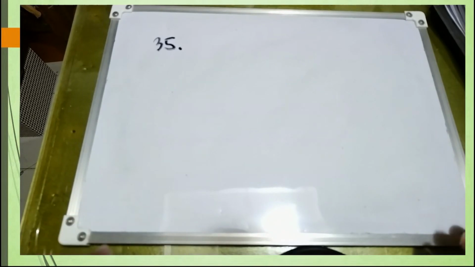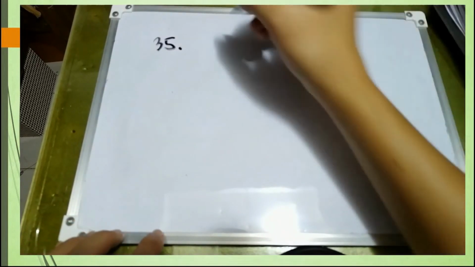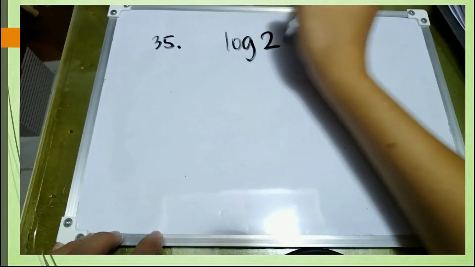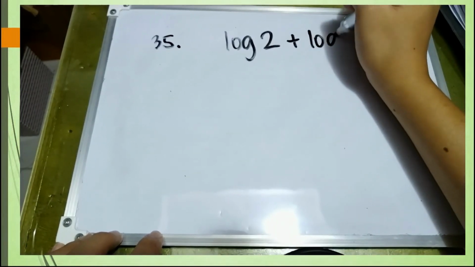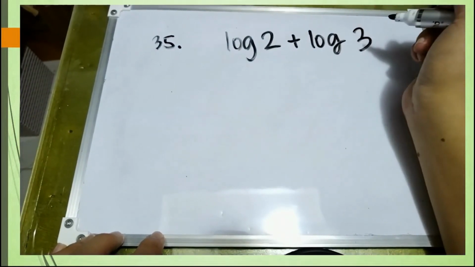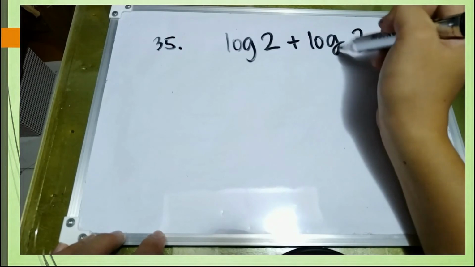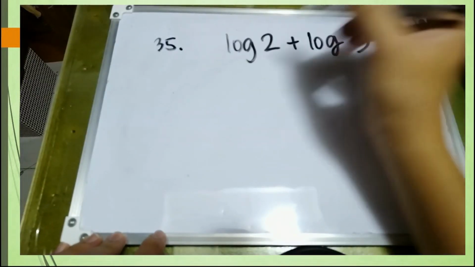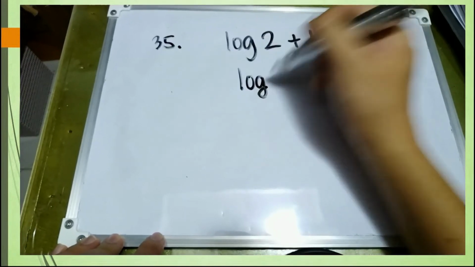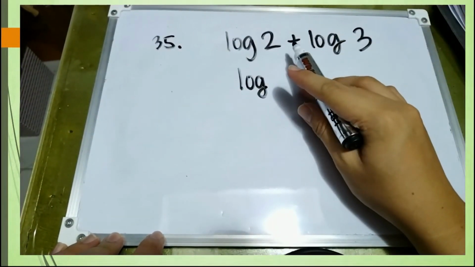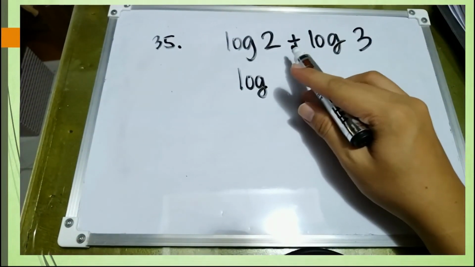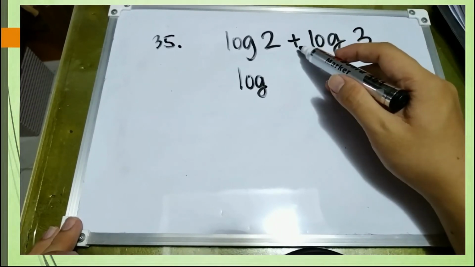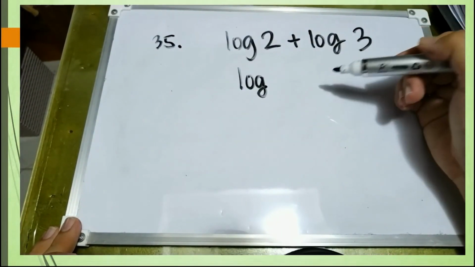Number 35. What is a single logarithm of log 2 plus log 3? So they have the same base, which is 10. To transform this into a single logarithm, the plus becomes multiplication.